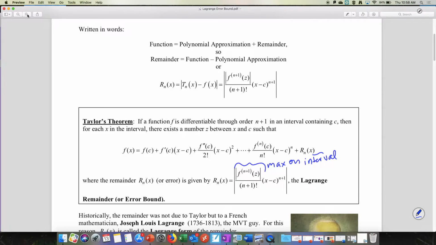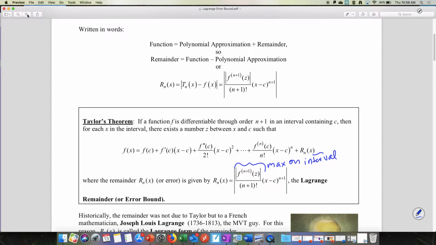It is similar to our alternating series remainder, where we talked about the next unused term. You remember that? This is still the next unused term. The only difference is we have to think about what the derivative would be, what the maximum of it would be on the interval that we're looking at.